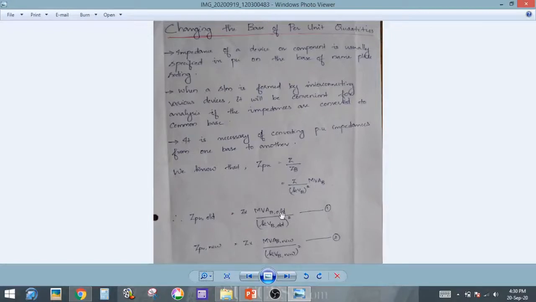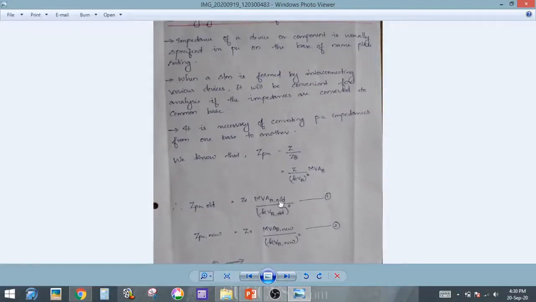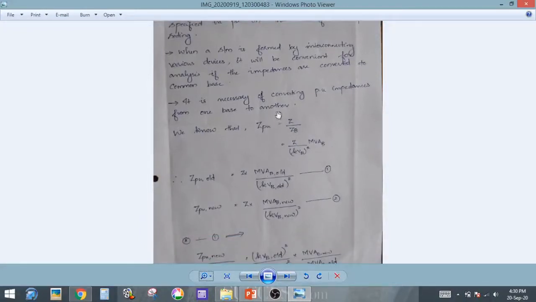And a simple formula is derived. Per unit impedance ZPU equal to Z divided by ZB. Here Z is the actual value and ZB is the base value. Base value of impedance ZB equal to base kV square divided by base MVA. By substituting, we get Z divided by base kV square divided by base MVA, and base MVA will go to the numerator. This is the per unit value of impedance.